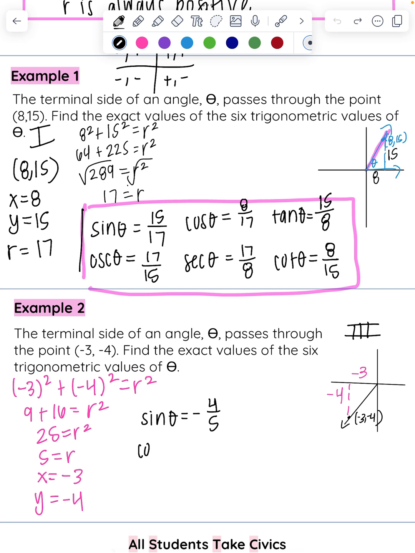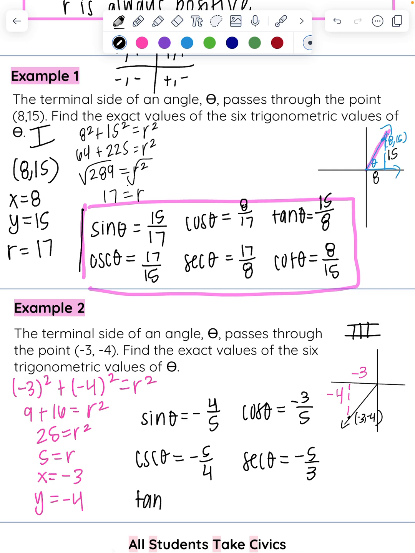Oh, not cosine, I wanted to do its reciprocal. Cosecant would be -5/4. Cosine of theta would be x over r, -3/5. Secant of theta, negative 5/3, its reciprocal, or r over x.